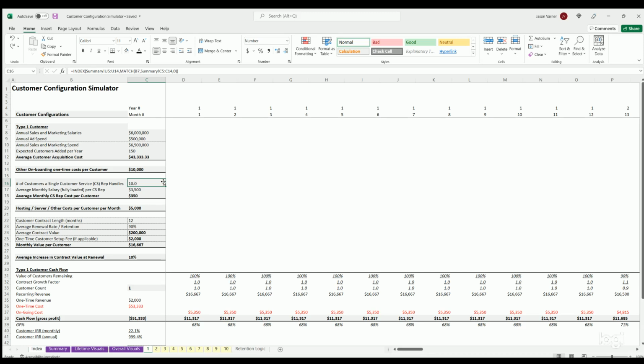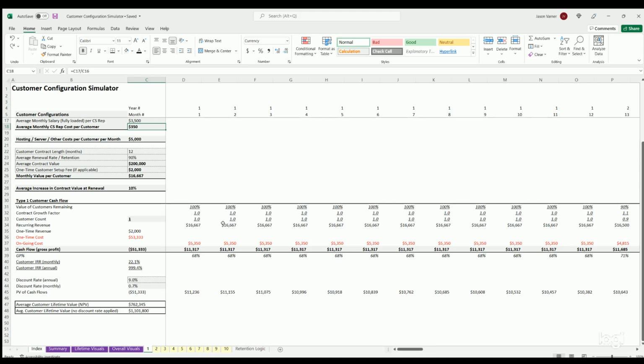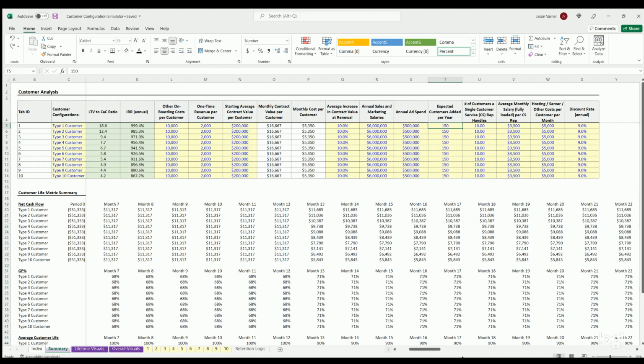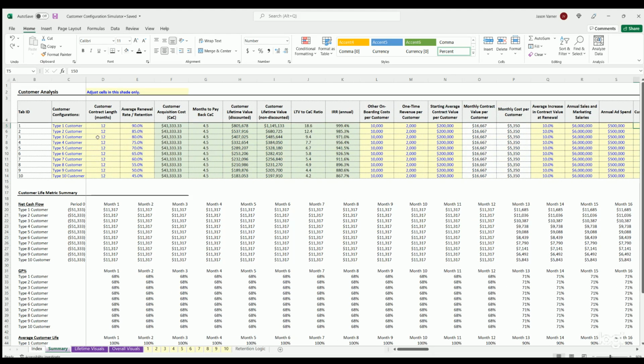So we can figure that out by saying the number of customers a single customer service rep can handle, what their monthly salary is, and then based on that, we can derive an average monthly customer service rep cost per customer, because we're trying to drive everything down to one single customer basis and what that customer looks like, and then adjust high-level variables to see what is ideal if you have different scenarios or different configurations.